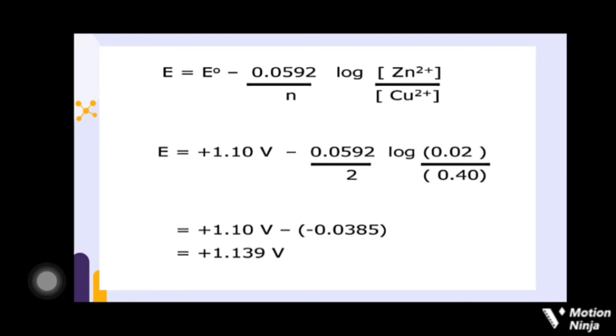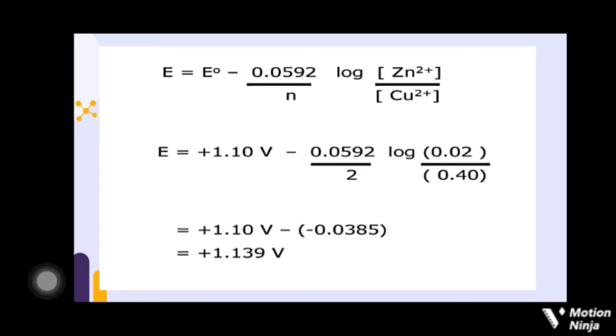Then you are going to determine which is the cathode and anode, or the reduction and oxidation. To know which one is the cathode and anode, you will need to check the standard reduction table first.